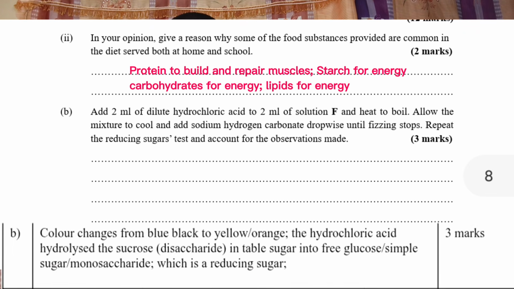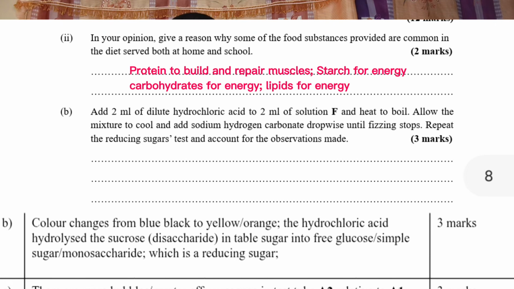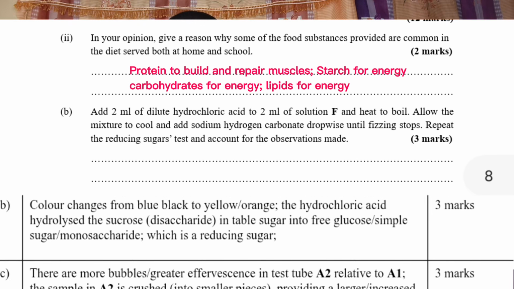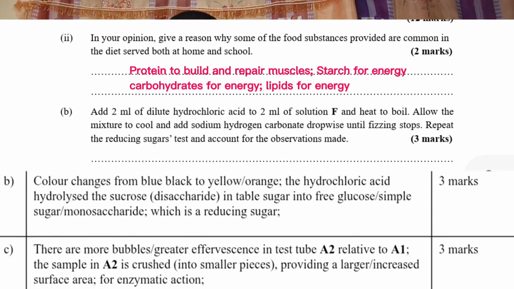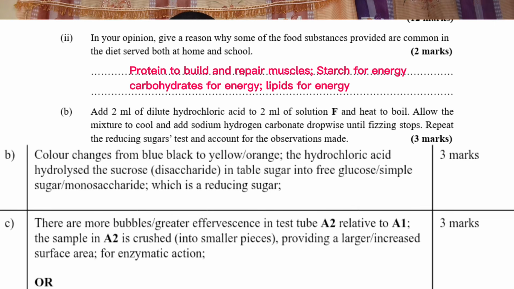There are bubbles. The color changes from blue to yellow, orange. The hydrochloric acid hydrolyzed the sucrose, the disaccharide in the table sugar, into free glucose or simple sugar, a monosaccharide, which is a reducing sugar.